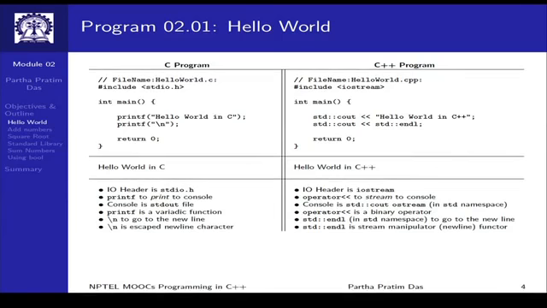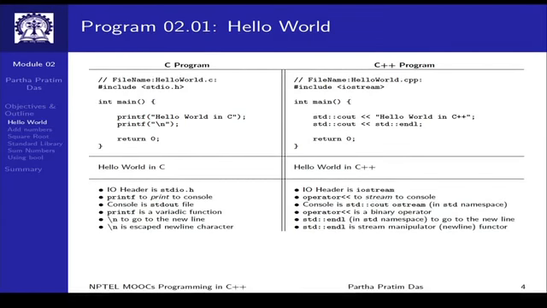So, if we look at the first output line, std::cout, the output operator, and within double quotes we have a constant string, it means that the hello world in C++ string will be streamed to the console cout.